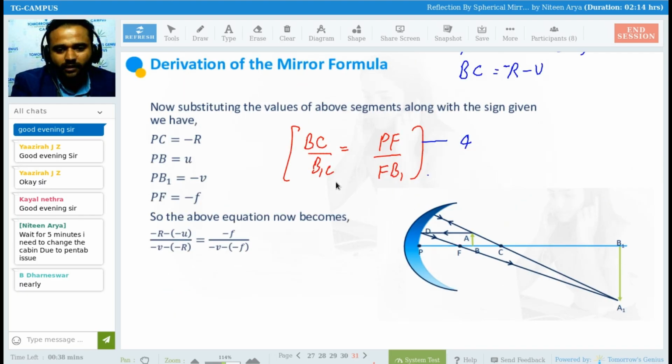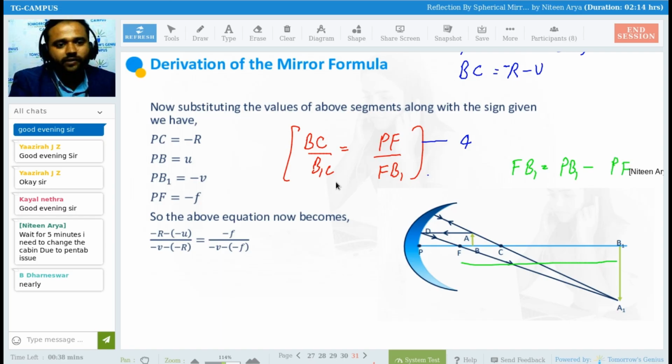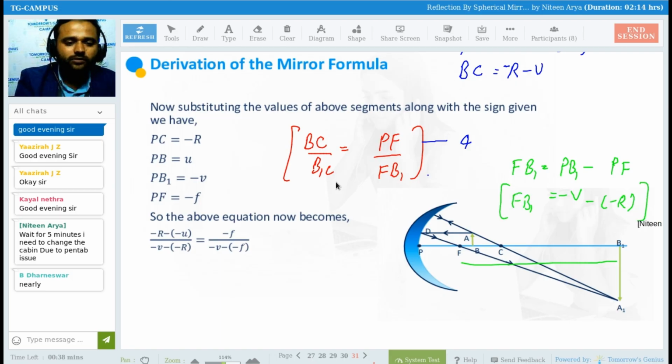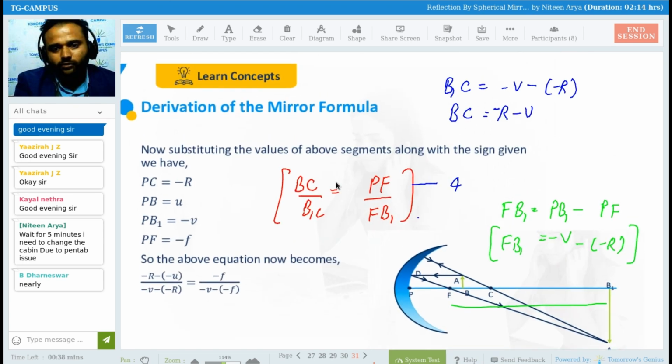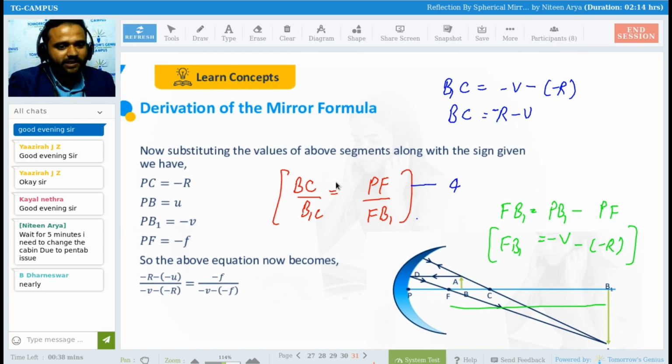If you want to find FB1, this FB1 is PB1 minus PF. Here PB1 is minus of V, and PF equals to minus of F. So this is my FB1. Putting every particular value, I already wrote it down here. B1C, BC, and PF we already know, minus of F, and then FB1.